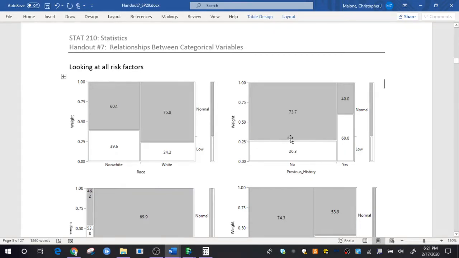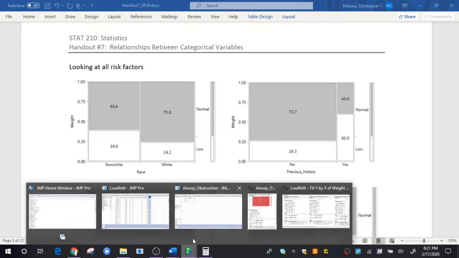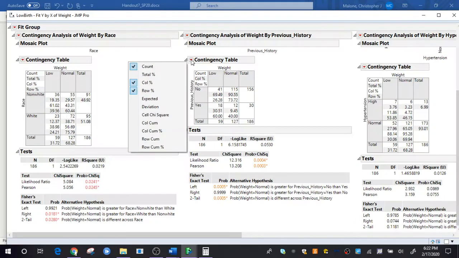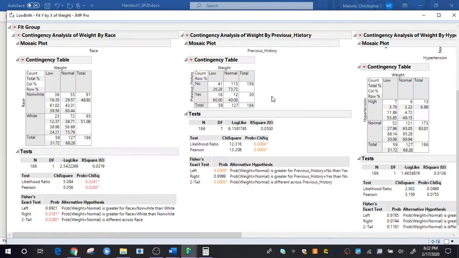Now, one reason that this column is so wide is because most of the mothers had a no on previous history. So if I go back and look at the actual data for that, I'm looking at previous history here. Let's go ahead and look at only the row percentages. So previous history, no. That's going to be that first row. 156, previous history, no, was the total. Whereas for yes, it was only 30.